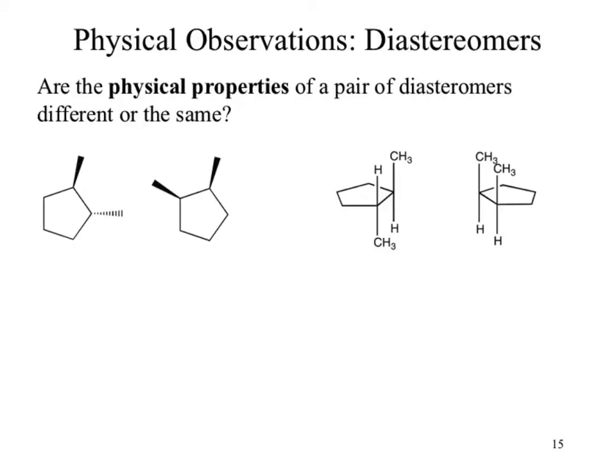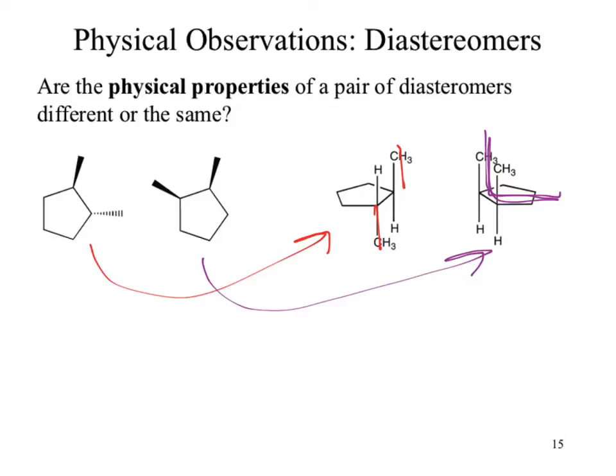If we take a look at the left structure, I got it drawn there nicely. We've got the Haworth projection shown for it. We've got the methyl down and a methyl up. Kind of zigzagged. What about the other structure?